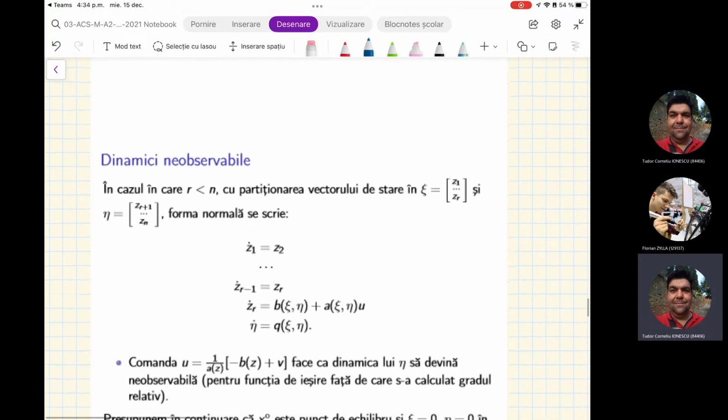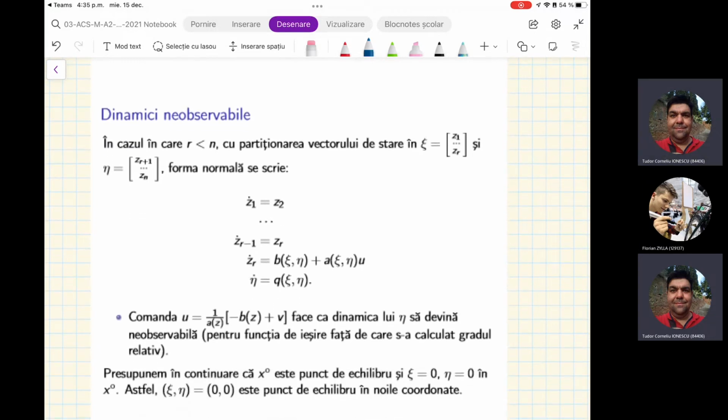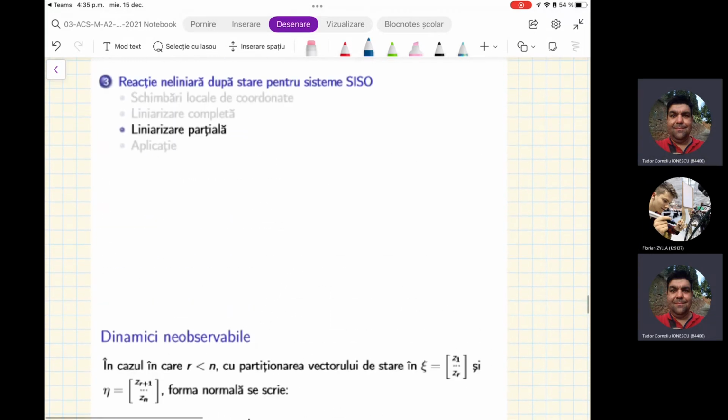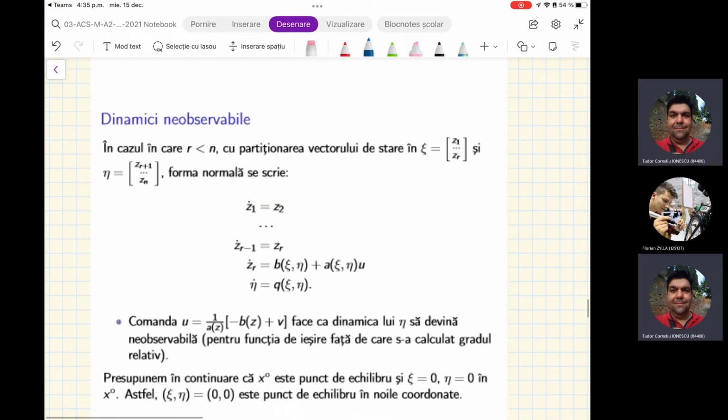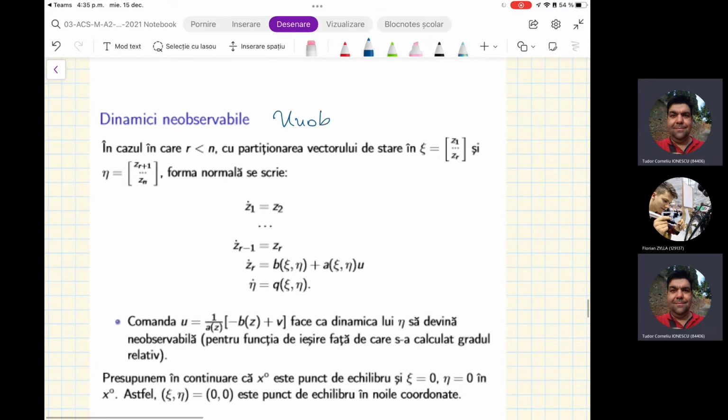Okay. We do have unobservable dynamics, so partial linearization. And first of all, we have to look at the unobservable dynamics. So it's about observability. It's like state estimation this time.